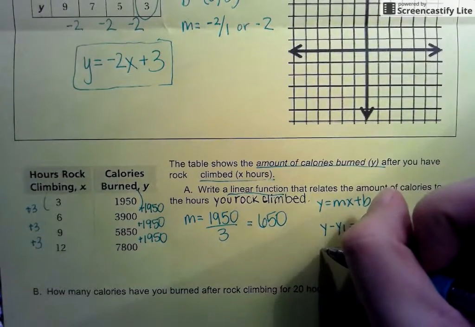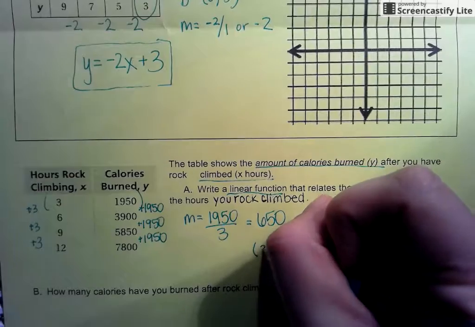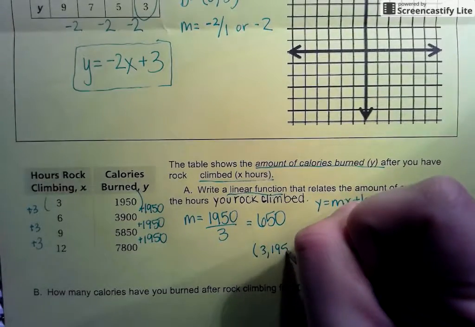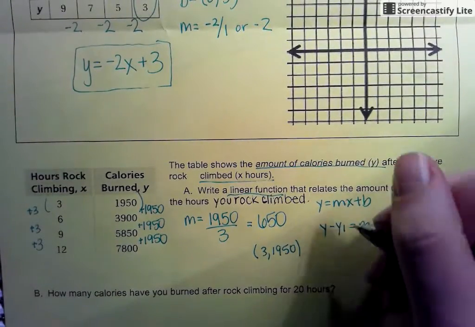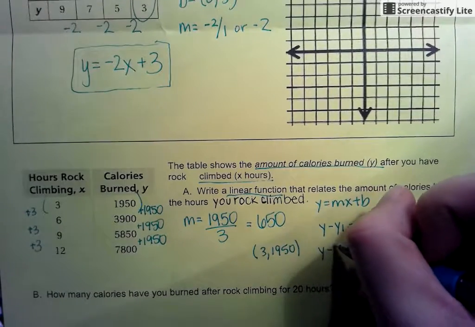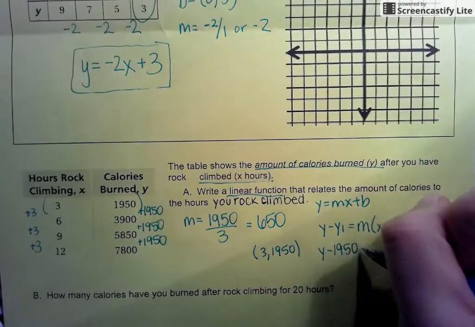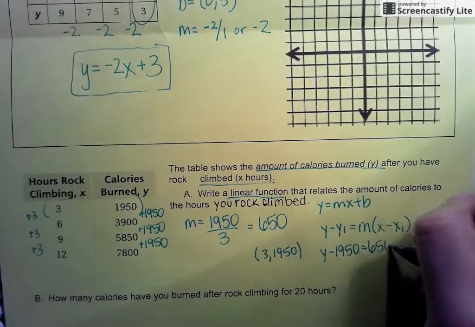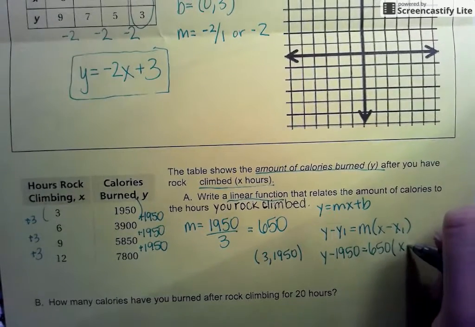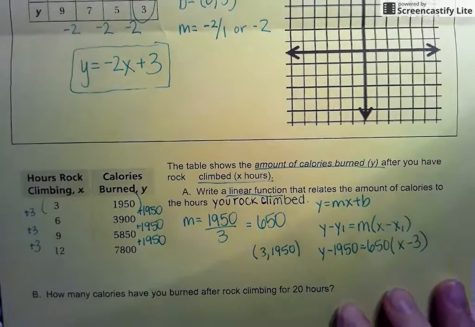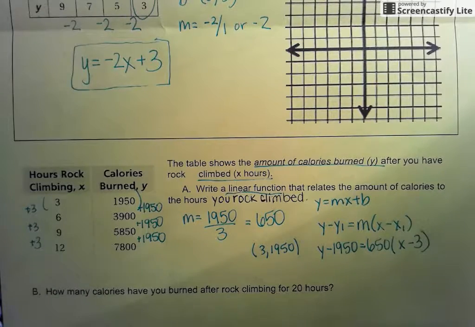So I'm going to use my point 3 comma 1,950, and I have y minus 1,950 equals 650 times x minus 3. So here's my equation. I'm now going to solve.